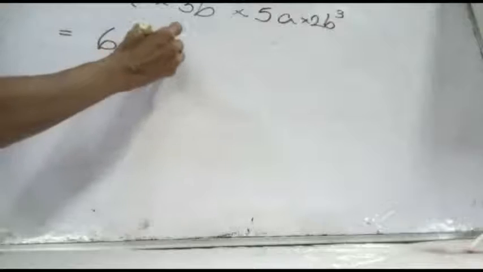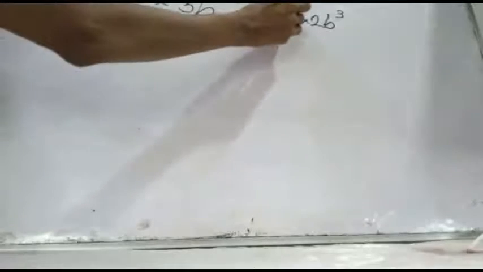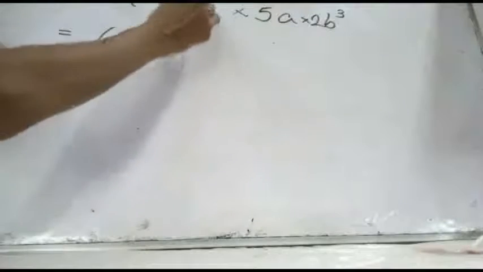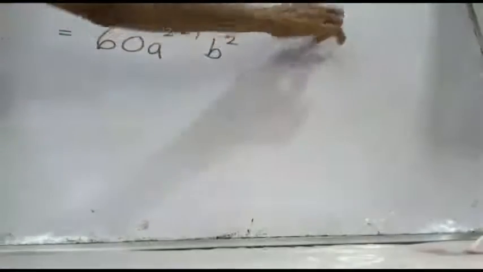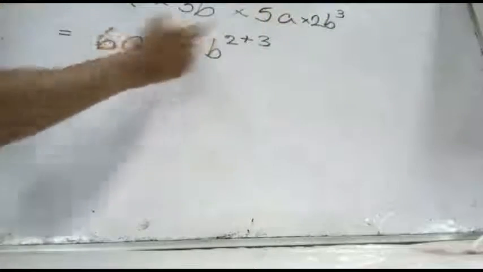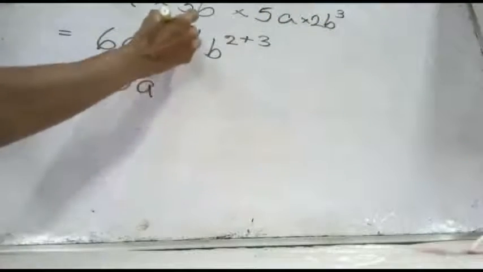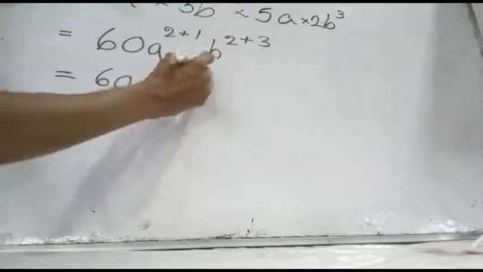Here, a to the power 2, index is 2. Index of a is 1. Index of b squared is 2. Index of b cubed is 3. 60a cubed b to the power 2 plus 3 is equal to 5.